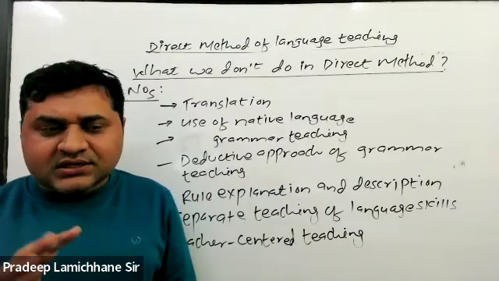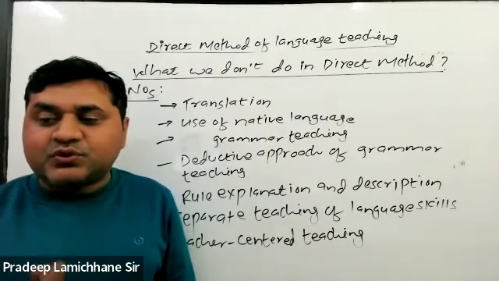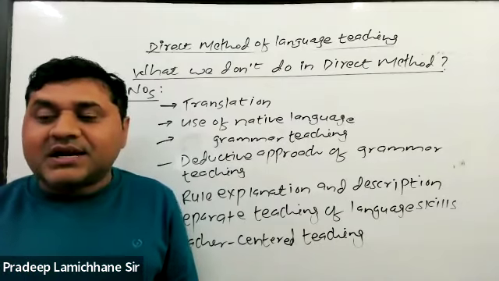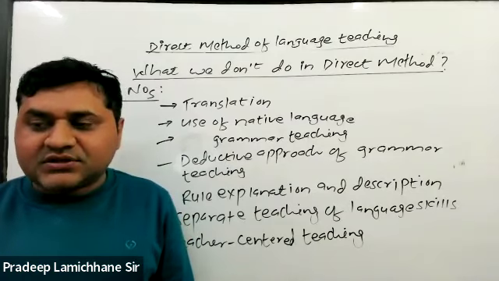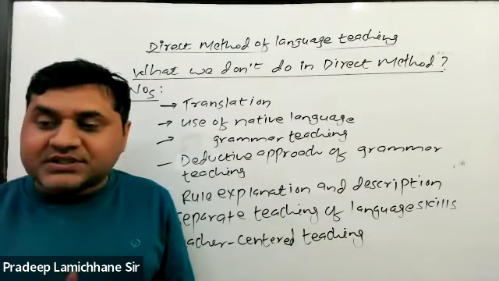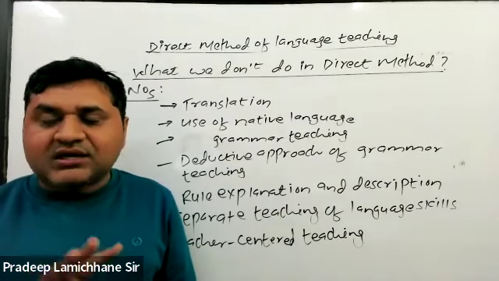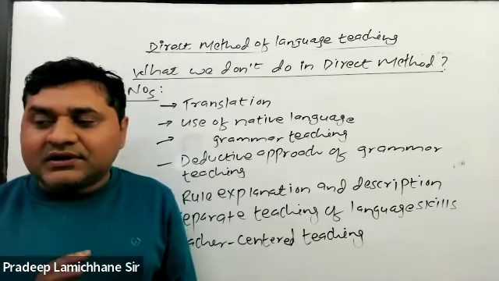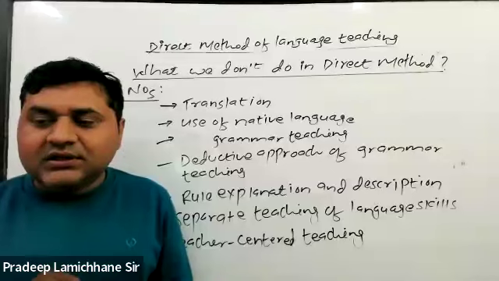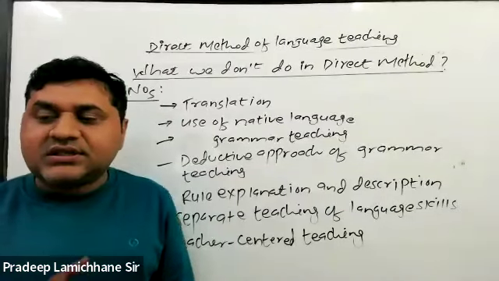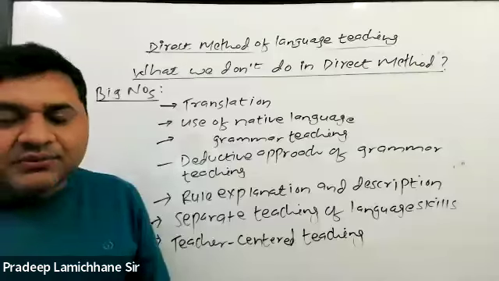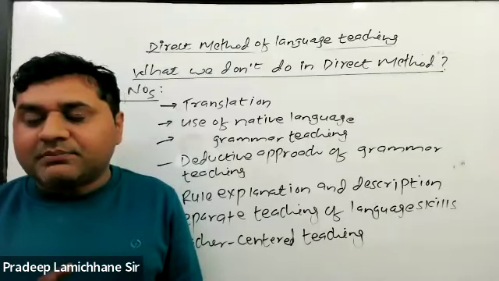When your students require some information, if they pose question to you, if they need some kind of guideline for error correction and correcting their mistakes, only at the time you can prescribe them, you can suggest to them, and you can tell them for grammar correction. That's why consciously we don't teach grammar if we follow direct method of teaching.